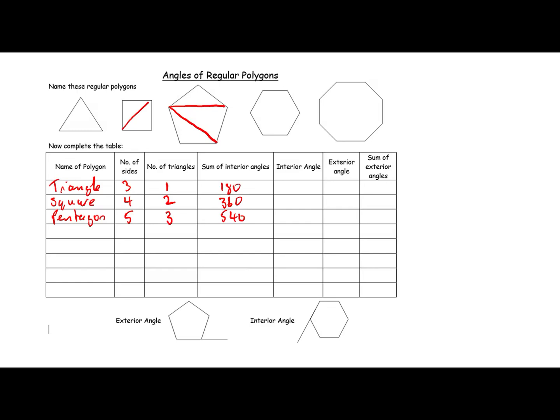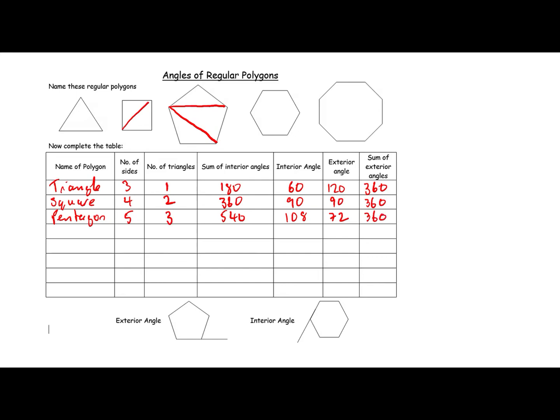The interior angle of a regular polygon, remember if it's irregular then it's not necessarily the same, was 60, then for a square it was 90, and for a pentagon it was 108. The size of one exterior angle for a regular one of these polygons was 120, 90, 72. And it didn't matter what shape we were talking about, the sum of the exterior was always 360.